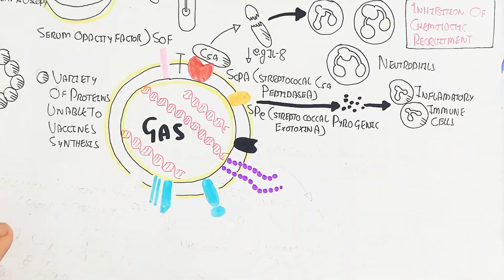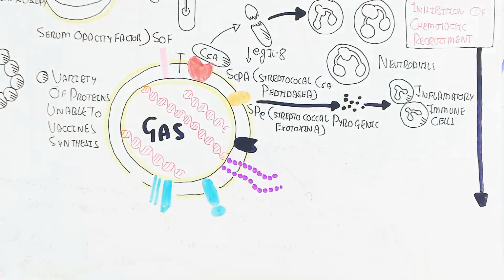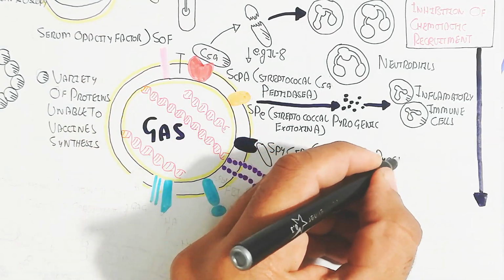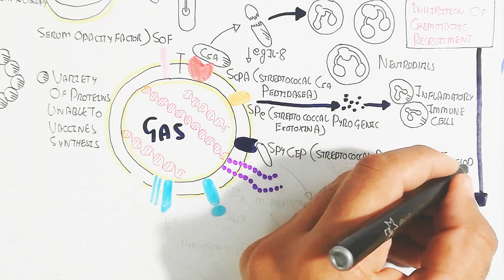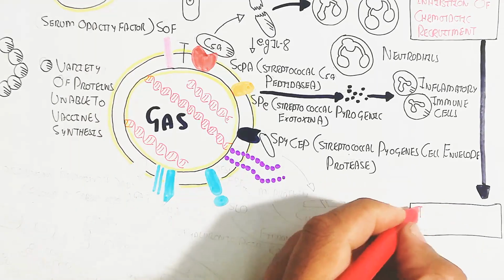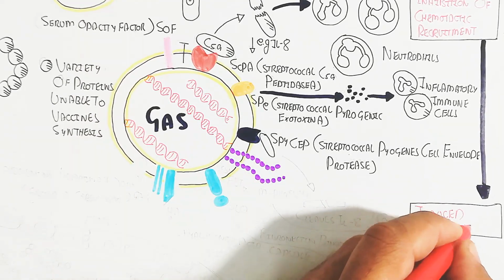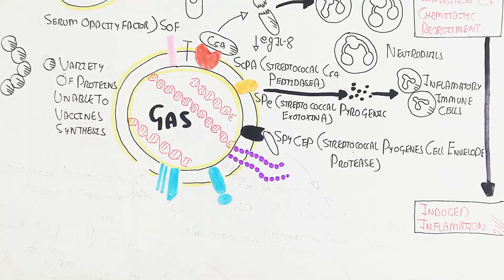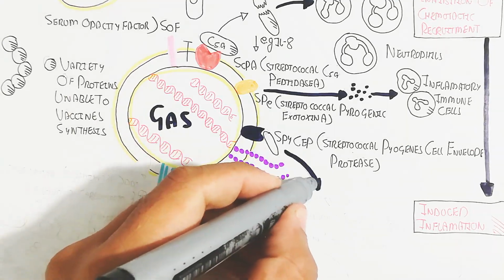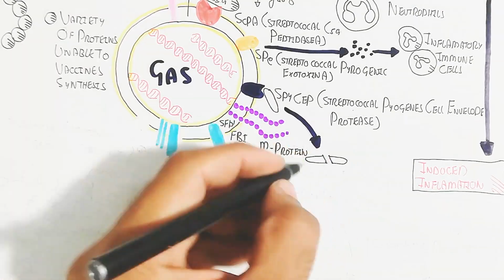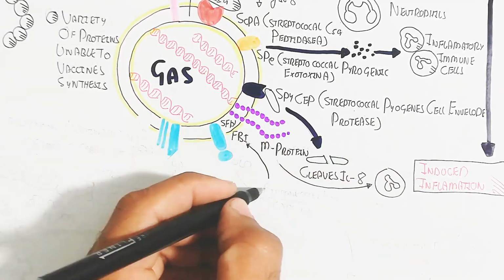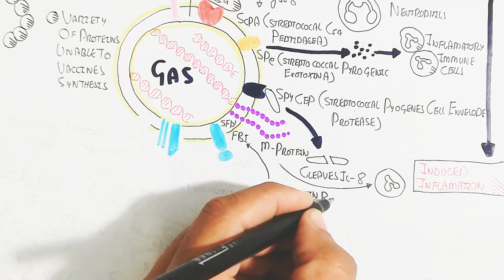The neutrophil, the inflammatory immune cell, will not respond due to streptococcal pyrogenic exotoxin A, which affects the neutrophil's ability to kill. On the other hand, SpyCEP, the Streptococcus pyogenes cell envelope protease enzyme, is used to induce more inflammation, and the protease enzyme breaks down proteins, so for example interleukin 8 is cleaved by this function, remember.